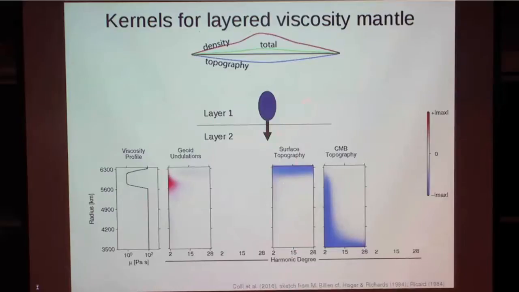Because this sinker couples less strongly to the surface, particularly if the density anomaly sits below that viscosity increase, I have a much reduced response on the surface topography for density anomalies sitting below that viscosity increase. The CMB topography is still depressed, but overall this means that the geoid is slightly positive, and I have a positive geoid response for long wavelength, mid-mantle anomalies.